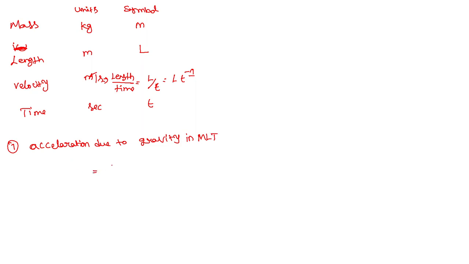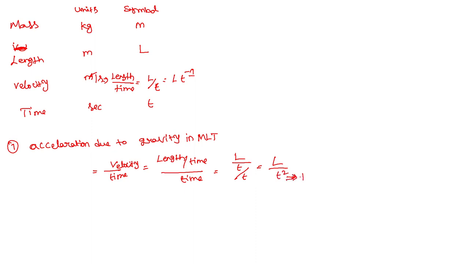What is acceleration due to gravity? Velocity upon time. We already know the velocity is length per time, divided by time. The symbol for length is L, and t divided by t, so it will be L by t whole square.